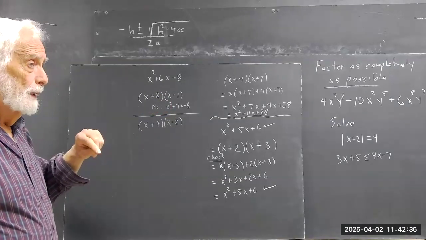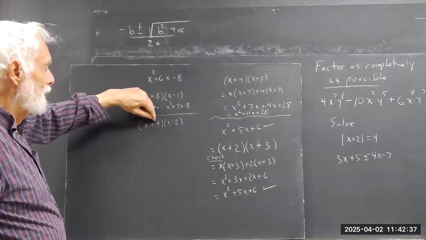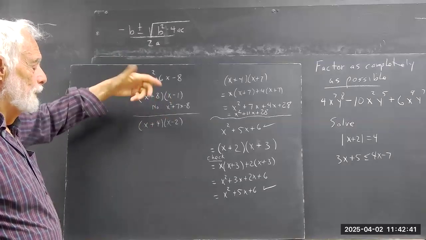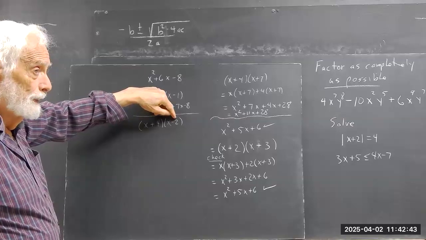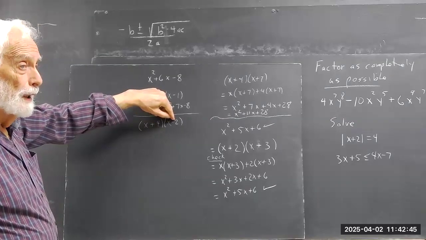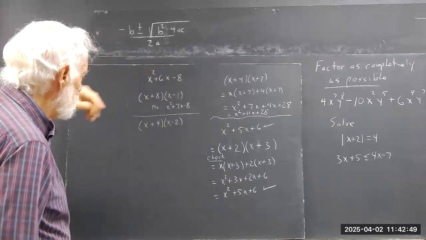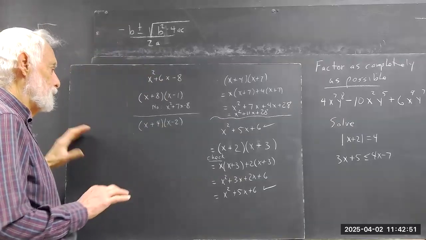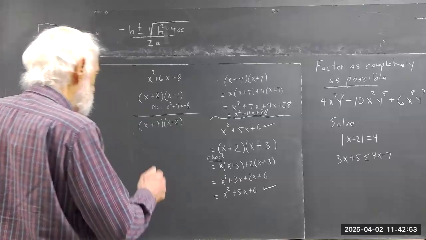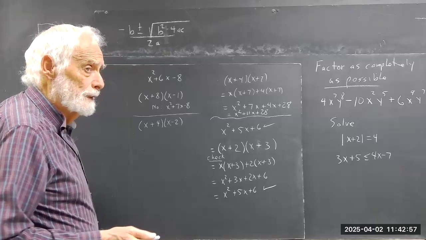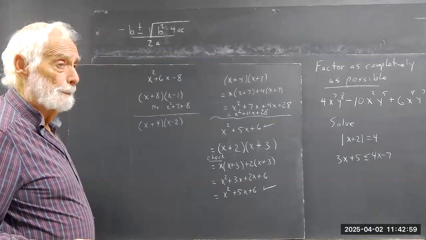Why not? Because the negative 4 has a bigger magnitude than the 2 would. The negative would be bigger than the positive, and we'd get a negative coefficient of x. So if you understand that, okay. Otherwise, you'll discover it if you work around it. Okay, is that going to work? You look at it and see whether it works or not.